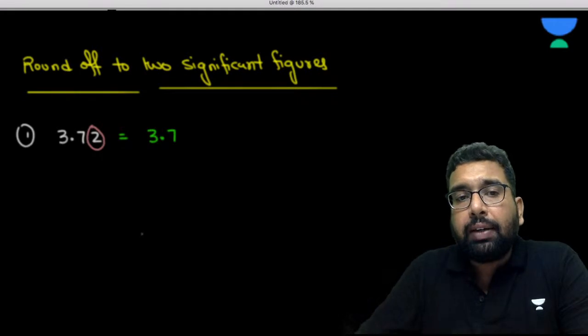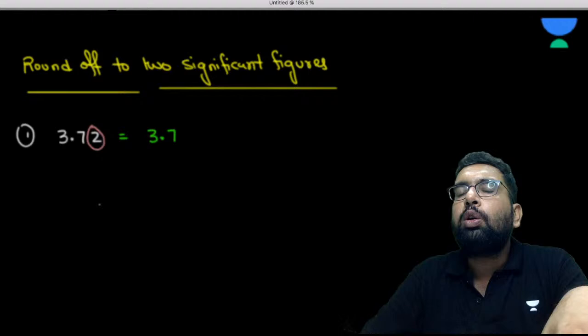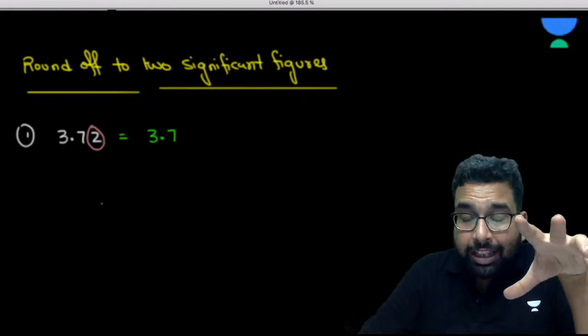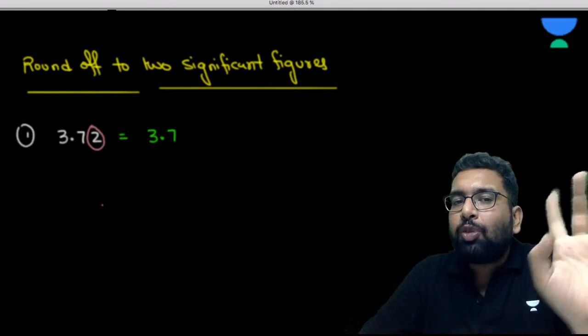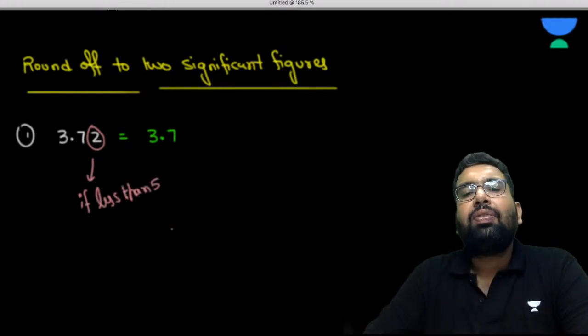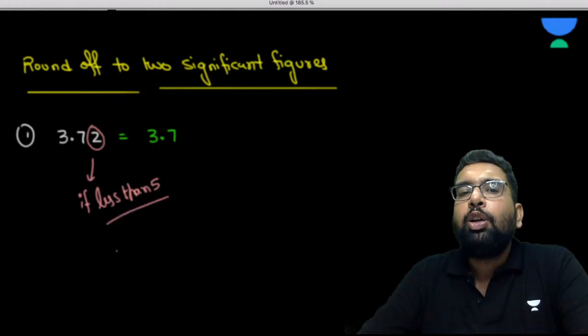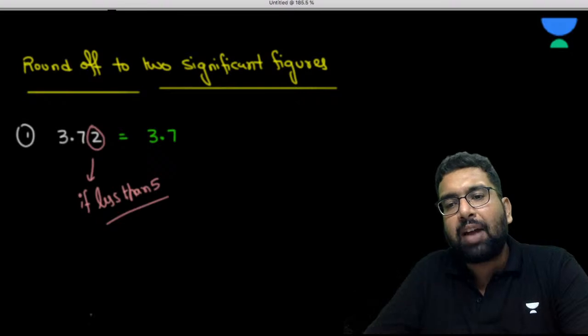You have to check the number after the digit that you are thinking of keeping the same or increasing. If it is less than 5, you have to keep that 7 as 7 only. You don't have to increase it.